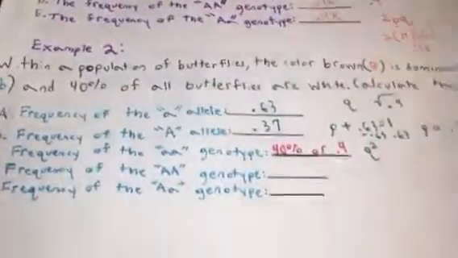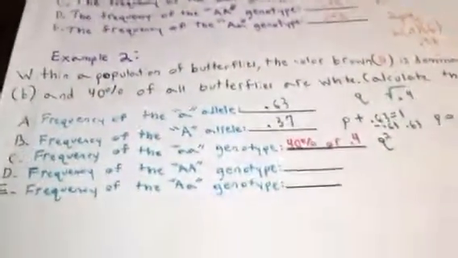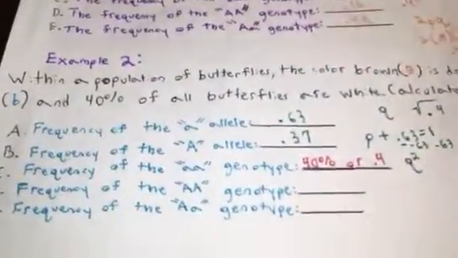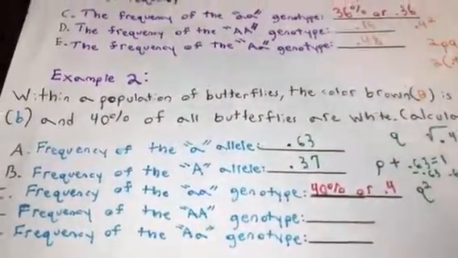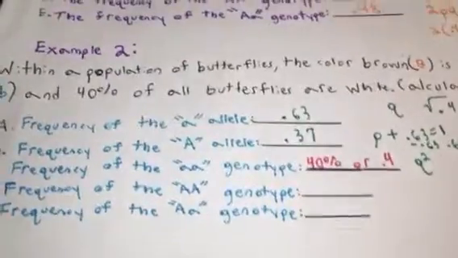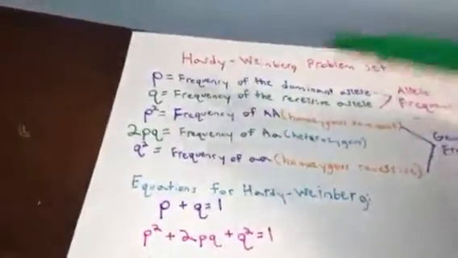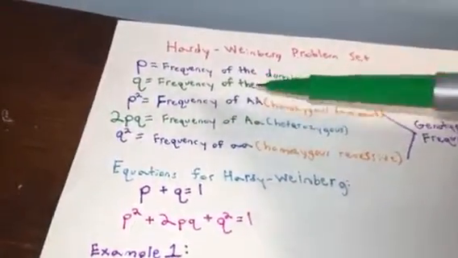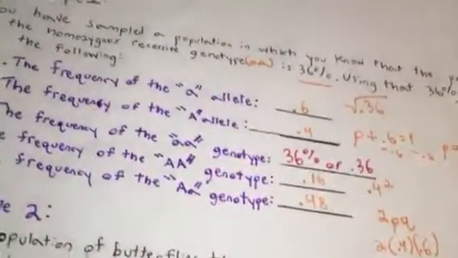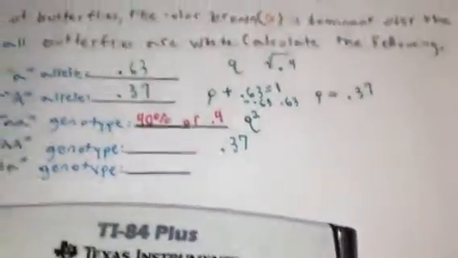Okay, so the next step is C. We already know C, so we can skip that one. So you go to D, the frequency of the homozygous dominant genotype. So the way you figure this one out is, if you remember from up top, the frequency of the homozygous dominant genotype is just P squared. So we know in this one, P is 0.37. So if we square 0.37, you have your answer for the homozygous dominant genotype.